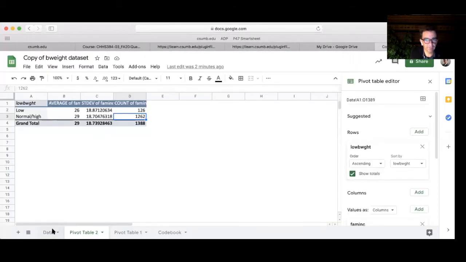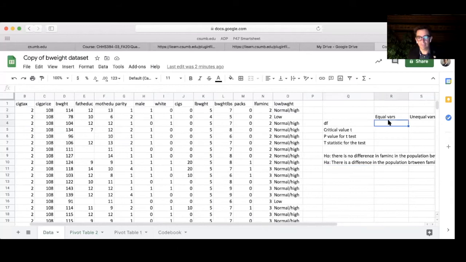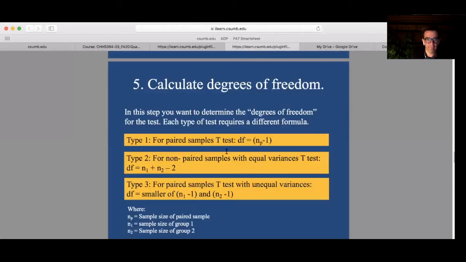So we go back here to our data. And here for equal variances, our degrees of freedom is 1,386. And for unequal variances, what is the formula? You get the smaller group and you get the n1 minus 1 or n2 minus 1, and you pick the smaller one.